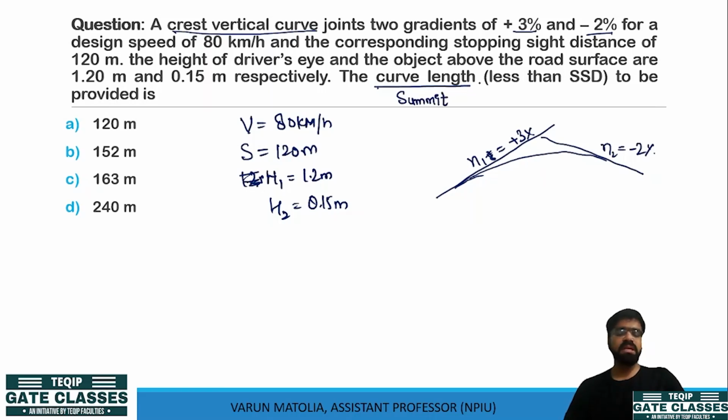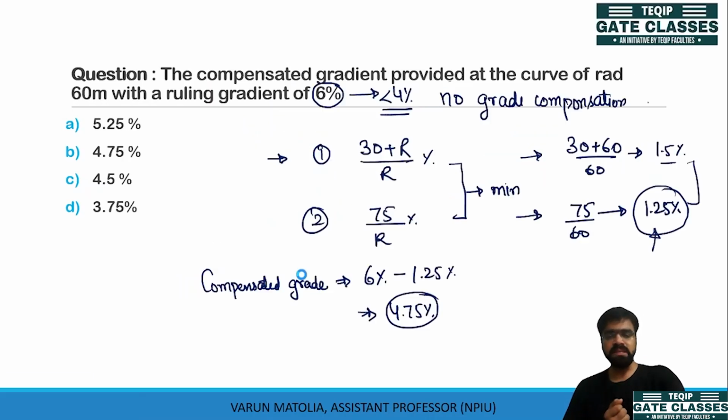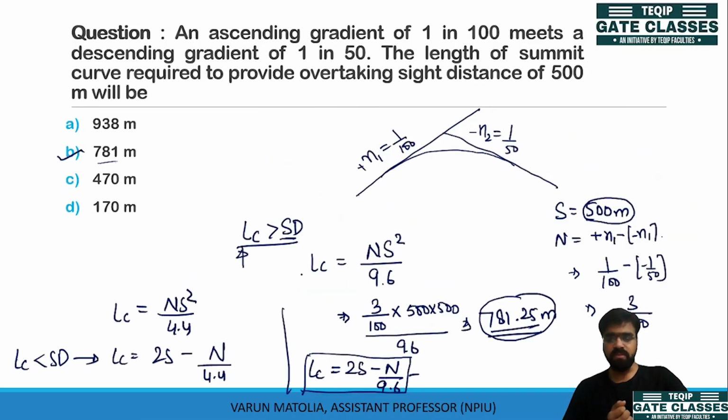The length of summit curve is based on the sight distance. But here it is specifically given that the length of curve is less than the sight distance, and this sight distance is your SSD.